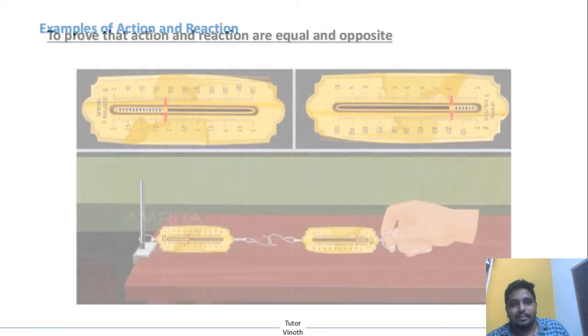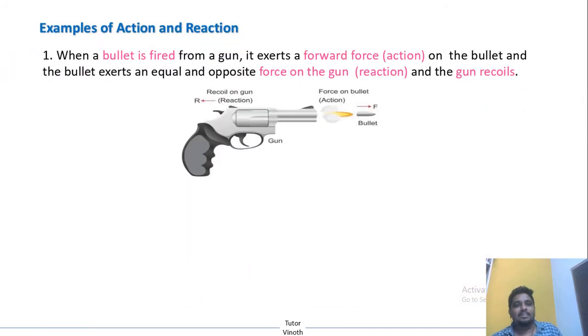Next we will go to examples of action and reaction. When a bullet is fired from a gun, it exerts a forward force, right? That is the action on the bullet, but the bullet exerts an equal and opposite force and the gun recoils. See here, the bullet is going out, and the recoil is the reaction, the gun is getting pushed backward.